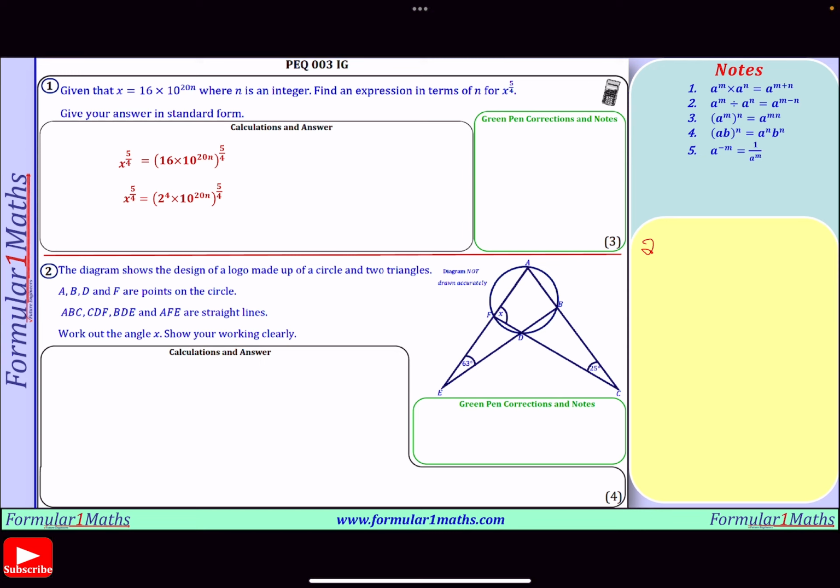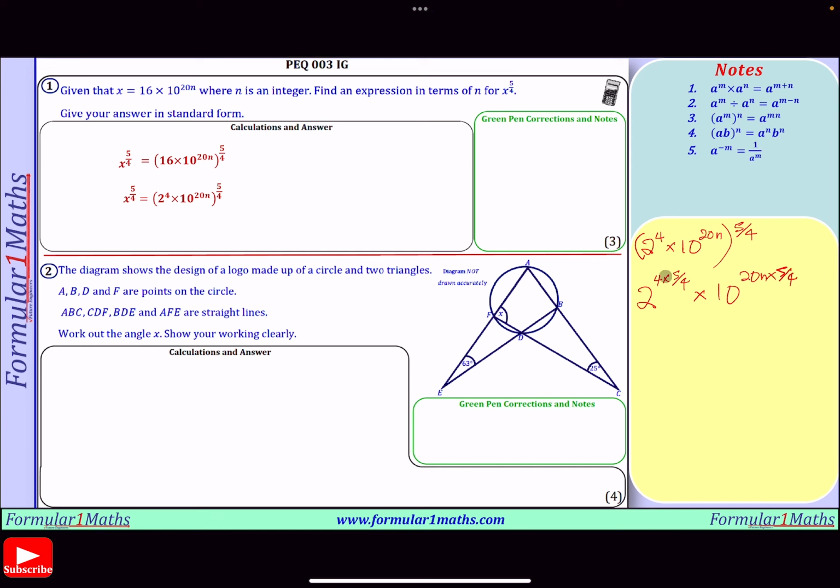2 to the power 4 times 10 raised to the power 20n, and all of that raised to the power 5 over 4, can be simplified to 2 to the power 4 times 5 over 4, times 10 raised to the power 20n times 5 over 4.